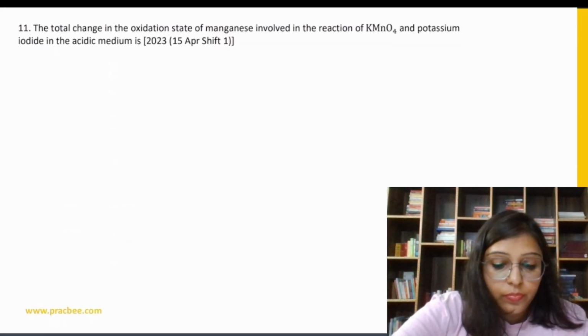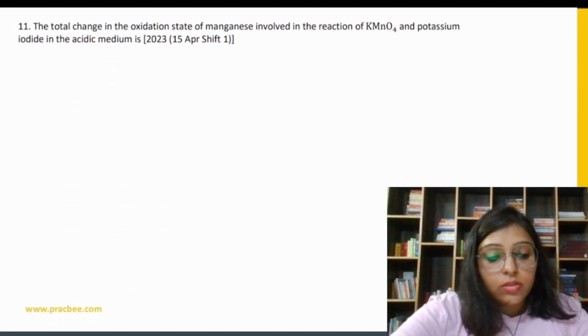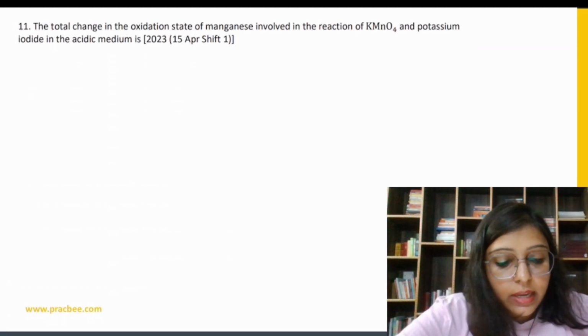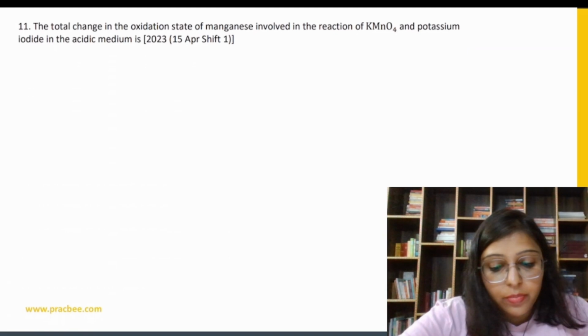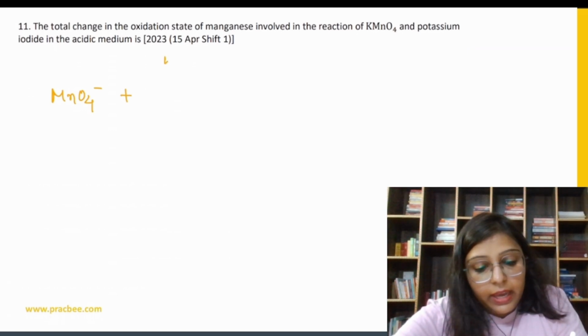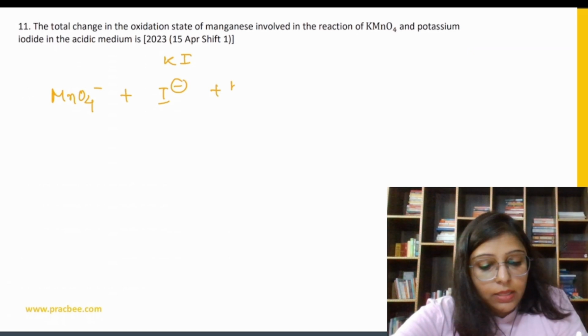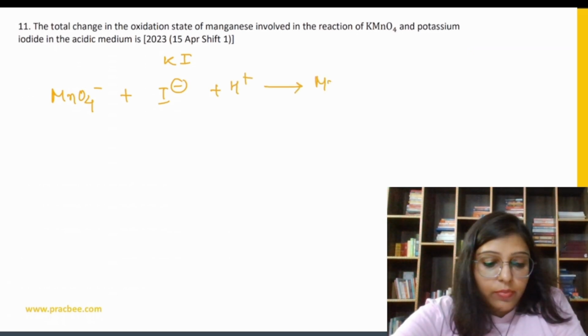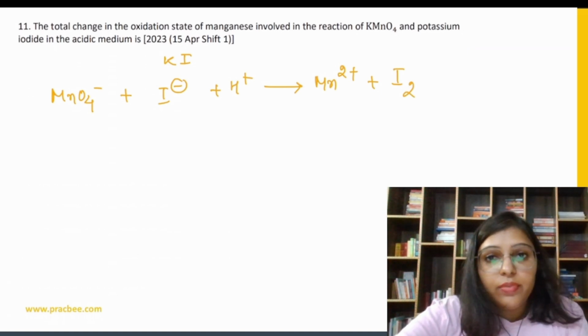Let's do the next question. The total change in the oxidation state of manganese involved in the reaction of KMnO4 and potassium iodide in acidic medium. So MnO4 minus with potassium iodide, KI. So in KI there is I minus. Right, so in acidic medium MnO4 minus is converted to Mn2 plus and I minus is converted to I2. So we have to find out the total change in oxidation state of manganese.